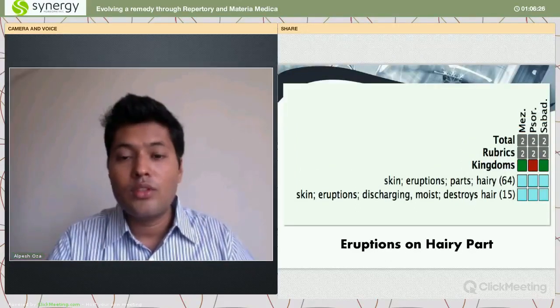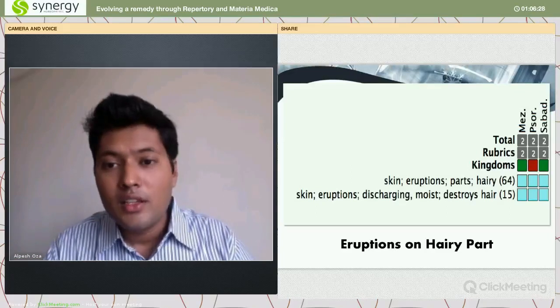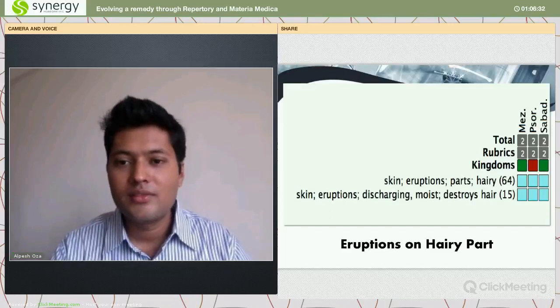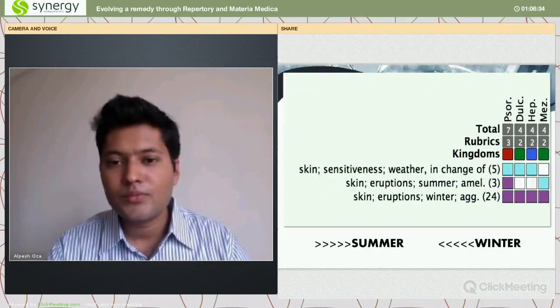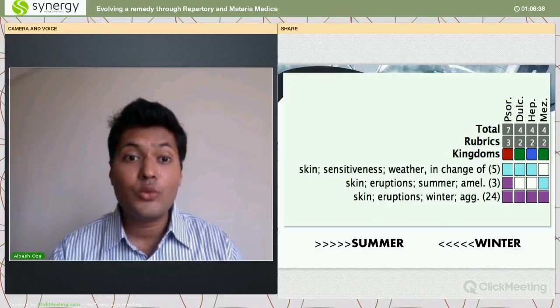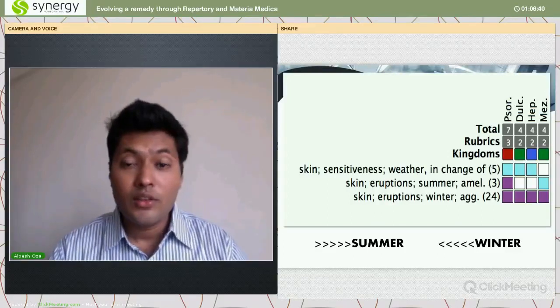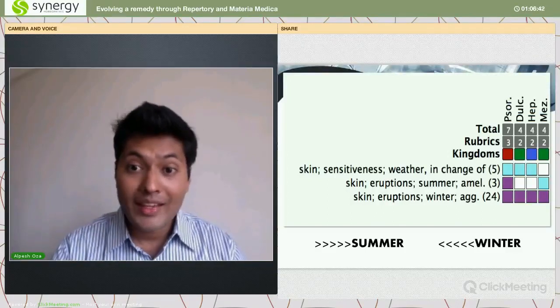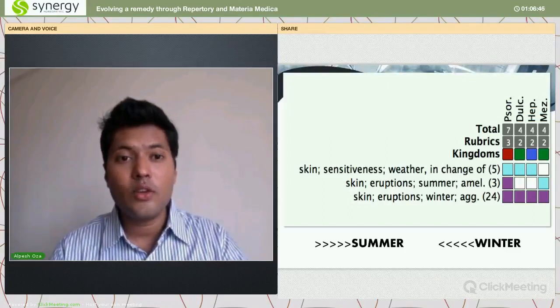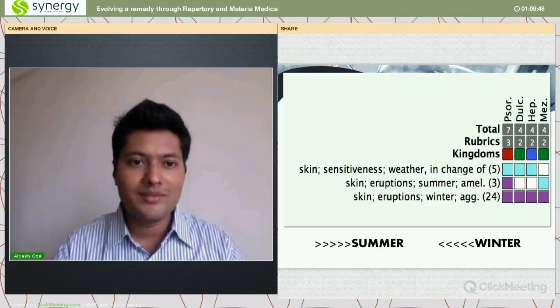Then we see eruptions on hairy parts. And we see there is great sensitiveness to change in weather. They're extremely aggravated from winter and they feel better in summer.